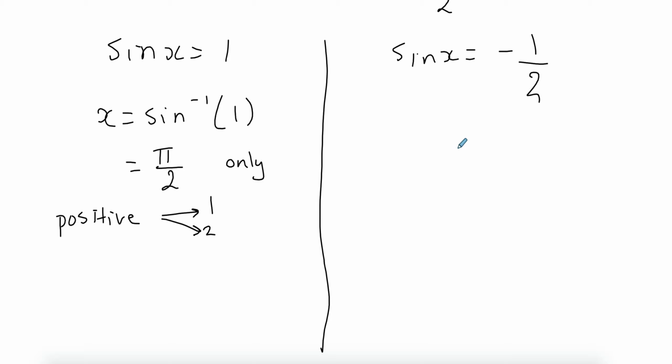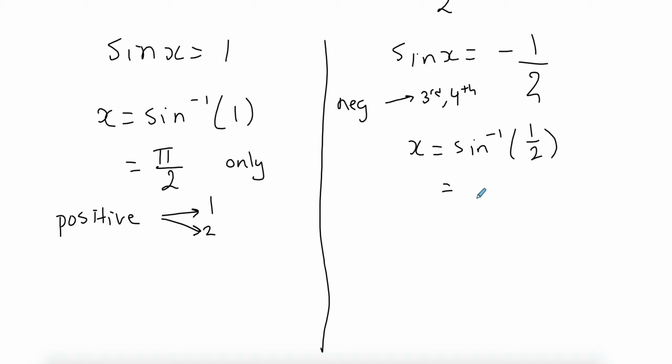Then I could go to here and take, so this is negative, which means I'm looking at the third and the fourth quadrant. But I'm going to take the positive because it's easier to deal with. So I'm going to take sine inverse of 1 over 2.